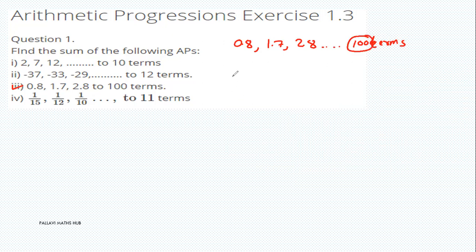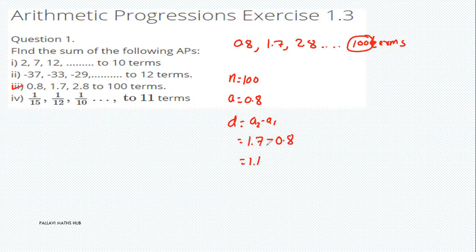Is it right? Yes, N is equal to 100. A is equal to 0.8. D is equal to A2 minus A1. A2 is 1.7 minus A1 is 0.8, which is equal to 1.1.